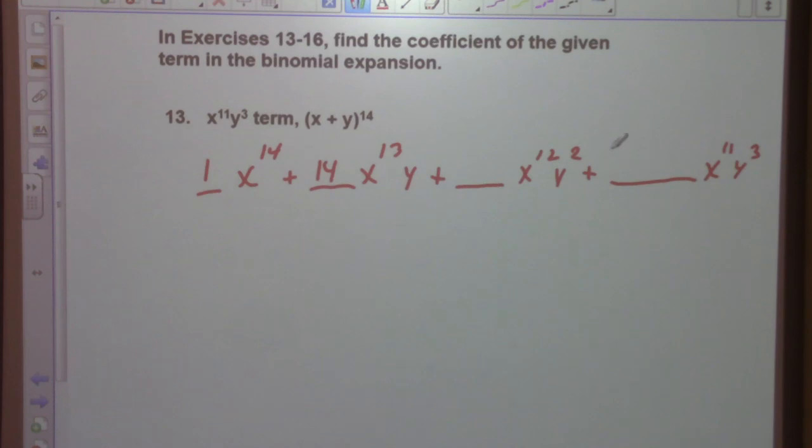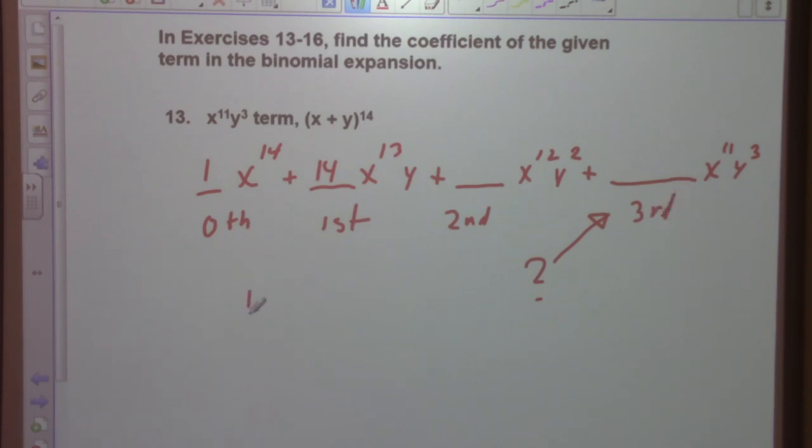So how do we find what this number is right here? How do you find it? I went to the calculator and just looked at the fourth one. Okay, now what you have to be careful about, because in nCr, this is the 0th term, this is the first, this is the second, and this is the third here. So you're going to have to use the number 3.